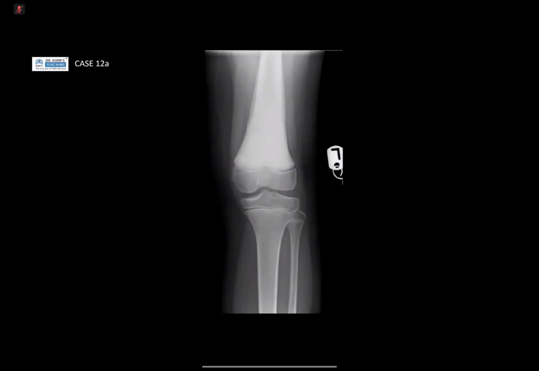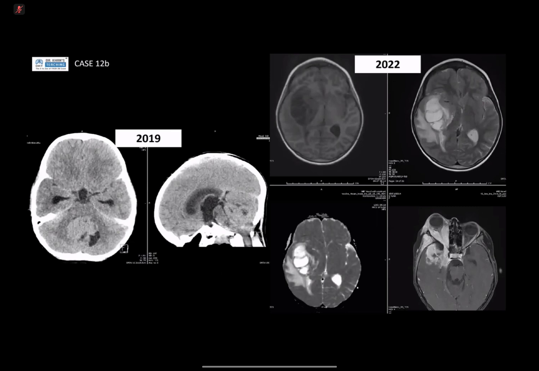Then osteopetrosis. But if I told you that this is the patient's brain imaging: I see a fourth ventricular mass and a solid cystic lesion here.